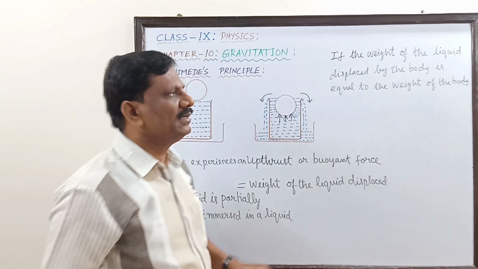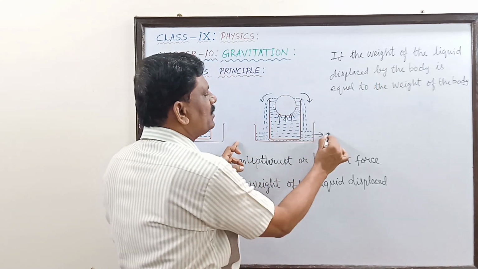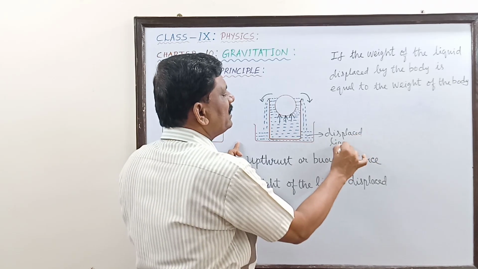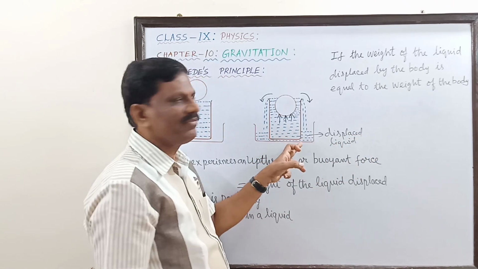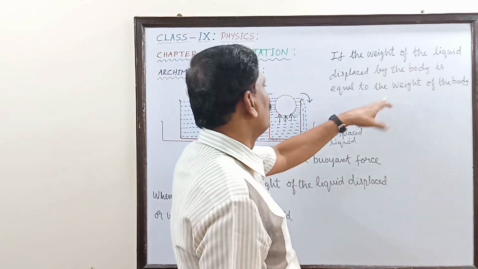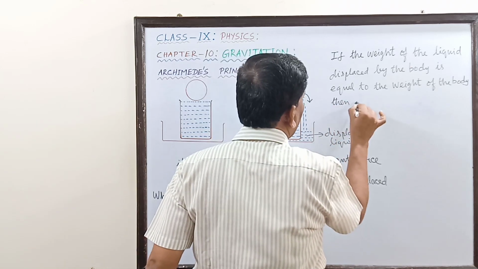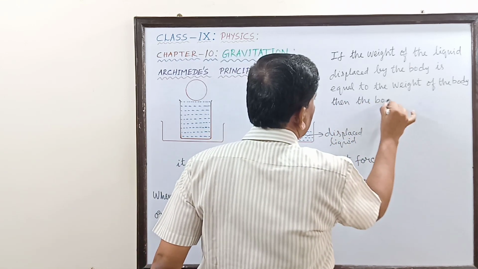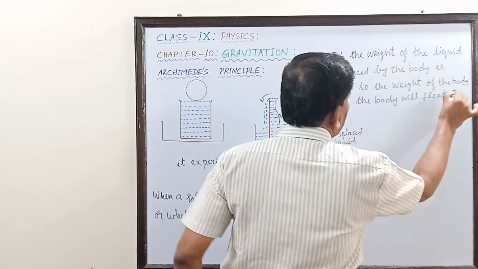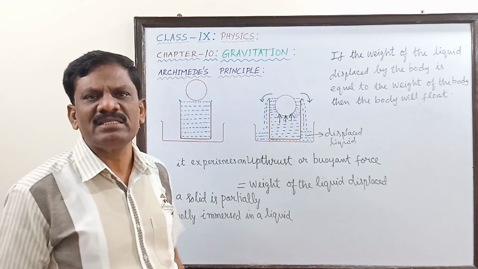You can see that this is the displaced liquid which is collected in a large trough. Find its weight, and if the weight of the liquid displaced by the body is equal to the weight of the body, then the body will float. So this is the condition for flotation, which is based on Archimedes principle.